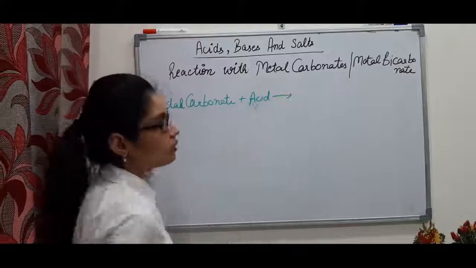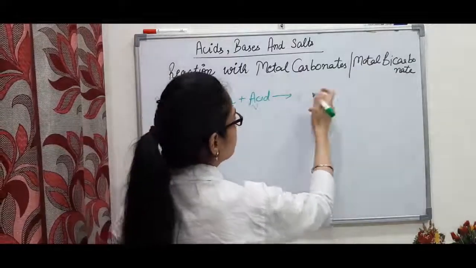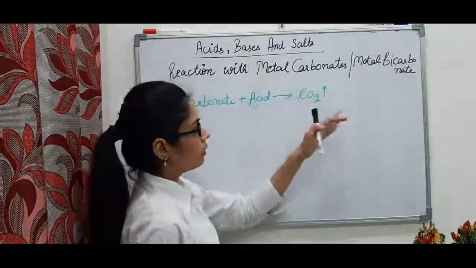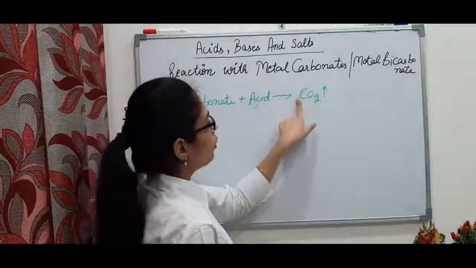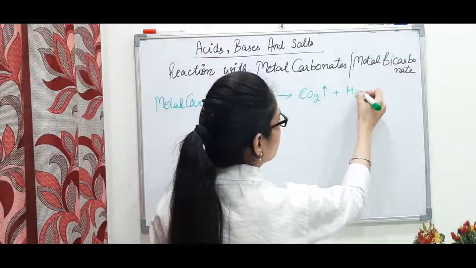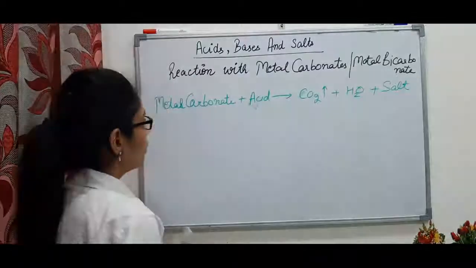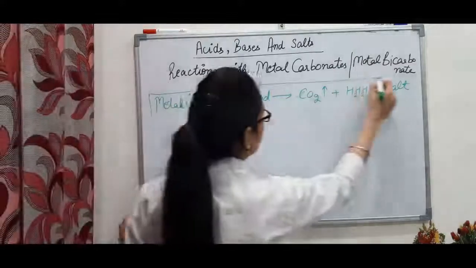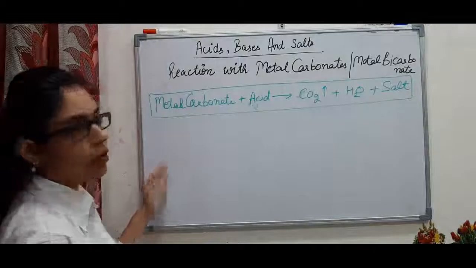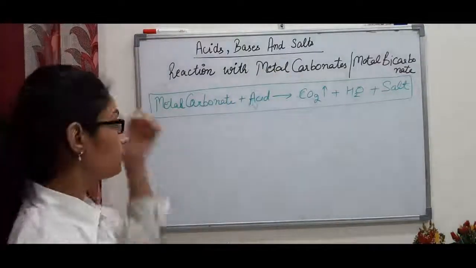So the products will be, first is carbon dioxide, and water; you can write either in any order. So carbon dioxide in gaseous form plus water plus salt of the metal. So this is the general form of the chemical equation of reaction of acids with metal carbonates or metal bicarbonates.